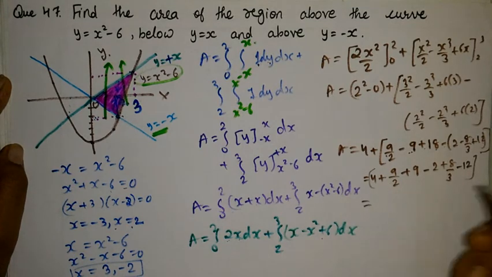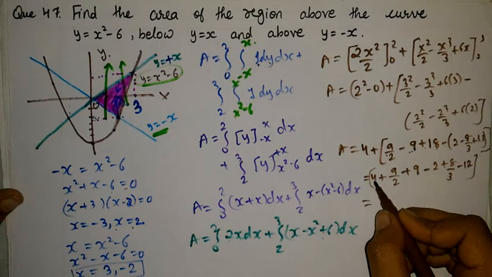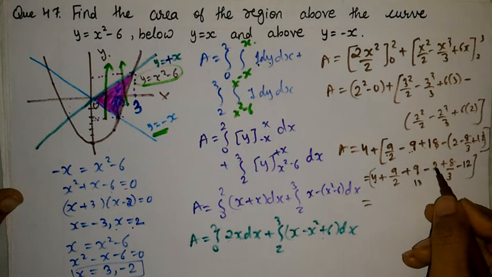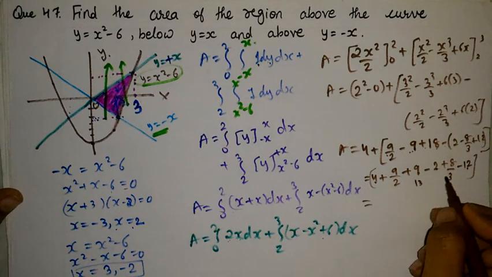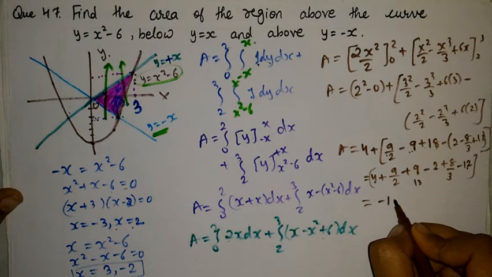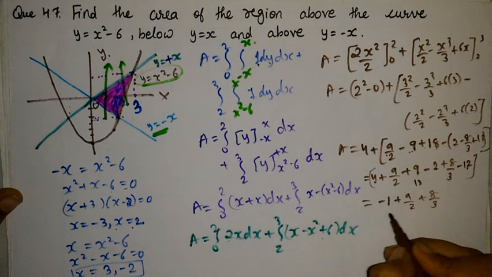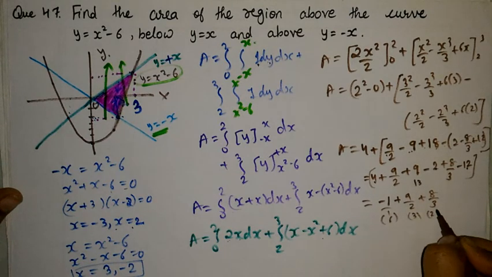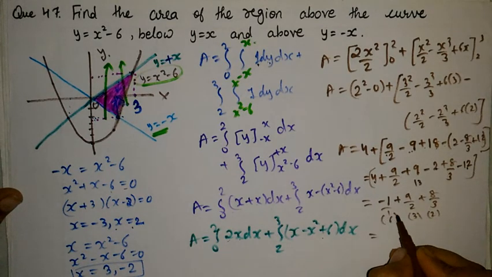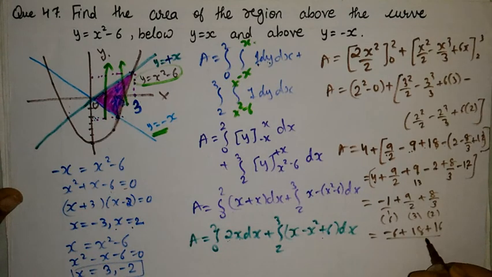So now solving this, we know 9 plus 4 is 13 and minus 2 minus 12 is minus 14. So 13 minus 14 is minus 1, plus 9 by 2 plus 8 by 3. Now taking the LCM, it is 6, 3, 2. So that is equal to minus 6 plus 9 into 3, 27, plus 8 into 2, 16, by 6.